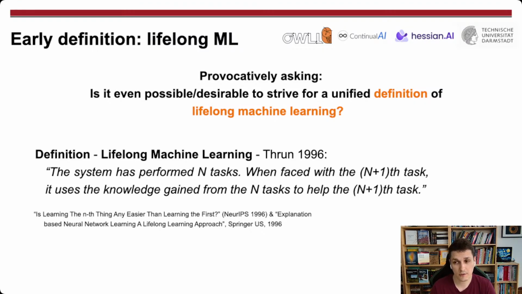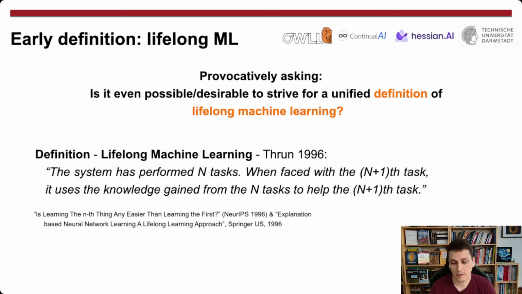So we've started in lecture 2 with a formal definition of lifelong machine learning that's quite popular, at least back in the day, that really hasn't had a lot of information. It has just said the system has performed n tasks, and when faced with the n+1th task, it uses the knowledge gained from the n tasks to help the n+1th task.